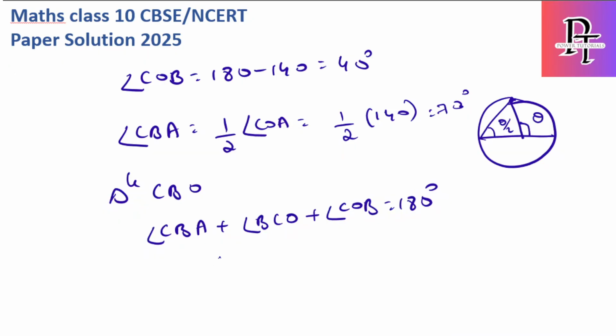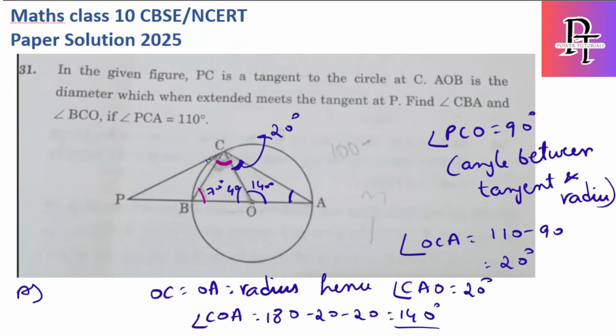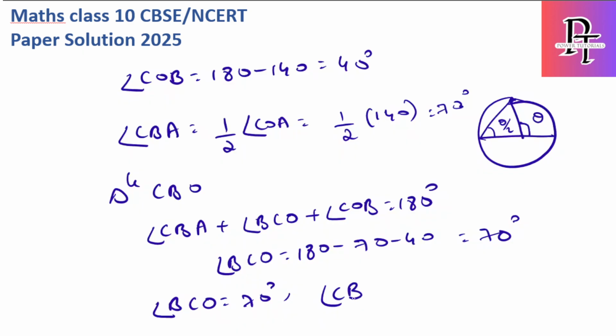Angle BCO is equal to 180 minus 70 minus 40, which is 180 minus 110, which is 70 degrees. So the final answers: angle BCO is equal to 70 degrees, and angle CBA is also the same, which is 70 degrees.